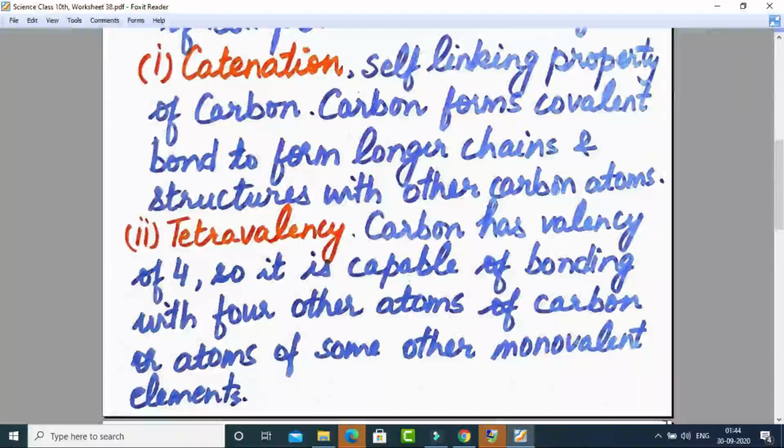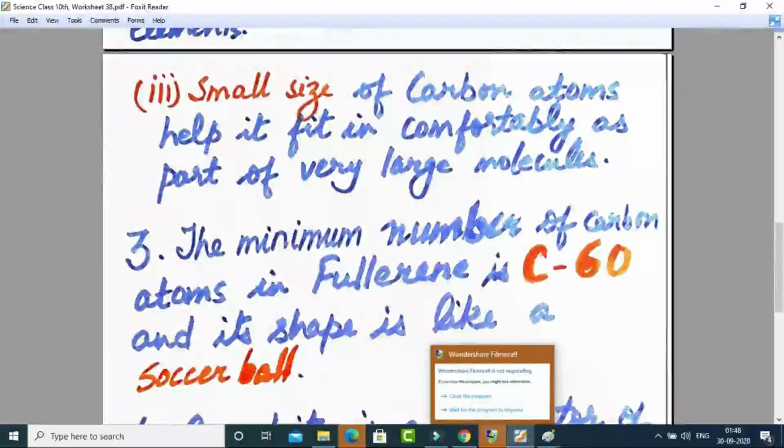Carbon forms covalent bonds to form longer chains and structures with other carbon atoms. Whereas in tetravalency, carbon has a valency of 4, so it is capable of bonding with 4 other atoms. The third property is the small size of carbon atoms, which helps it fit in comfortably as part of very large molecules.